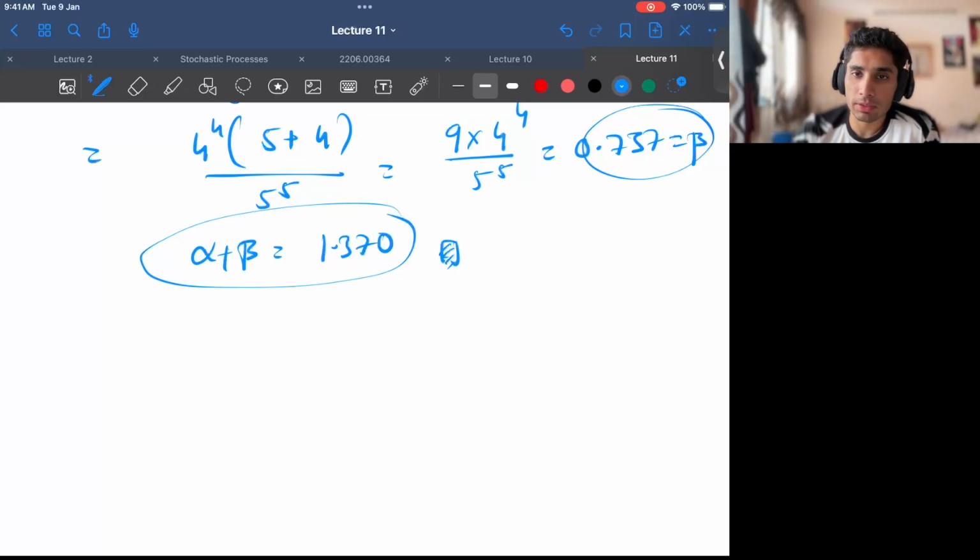So this was the fourth question. Now let's solve one last problem on Neyman Pearson. Which question should I take?